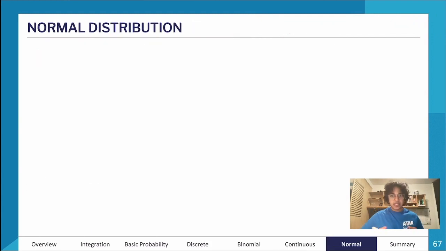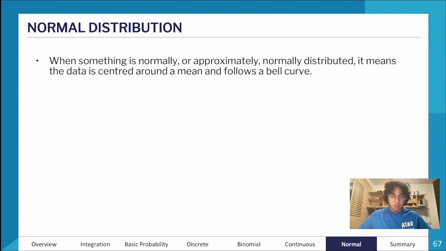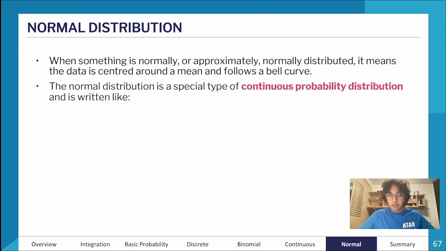So we're going to finish off today by talking about the normal distribution. What does it mean for something to be normally distributed? It means that the data has a fixed mean and follows a bell curve shape. It's a special type of continuous probability, the most common type that you will see, and you've probably seen it in your day-to-day.